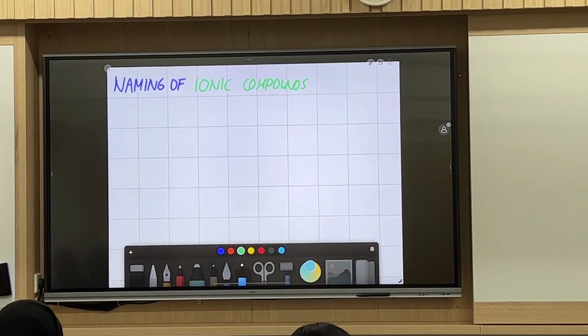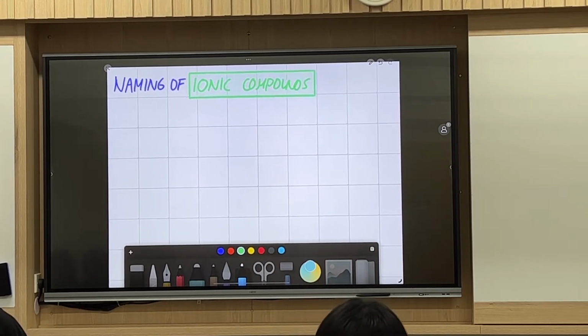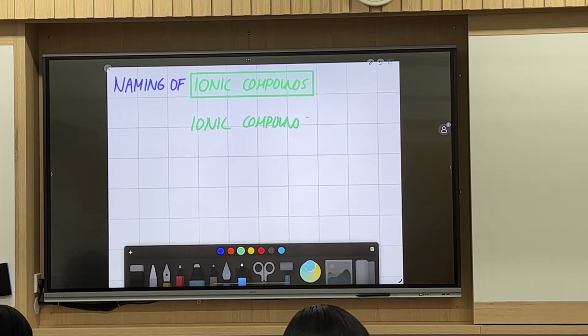And how do we figure out the formula? So you see I created a table. On the left, you find what we call monoatomic ions. Monoatomic ions are ions that contain just one atom. First of all, ionic compounds are made of ions, made of two types of ions.